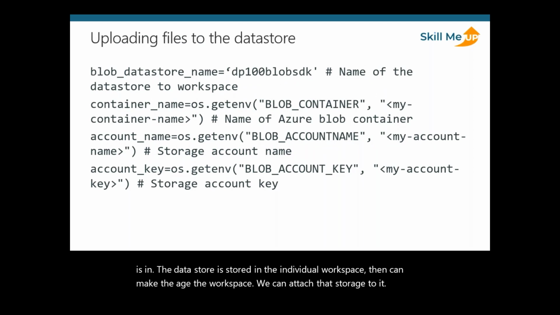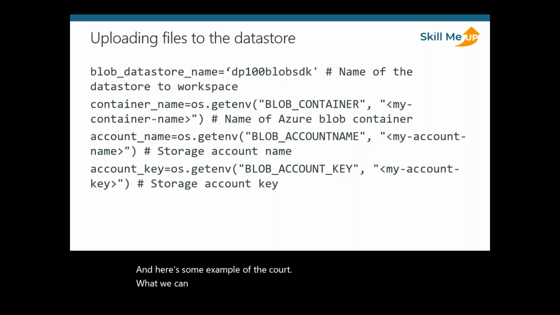And here's some example of the code. What we can do is check out the blob storage data name. And you can see here, we have given it the name DP-100 blob SDK. And that's the name of the data store that we can use. Once we've done that, we can also specify the container name, which stores our data.